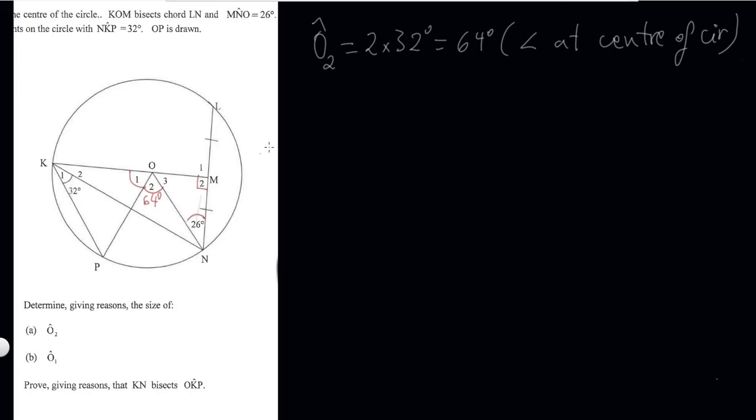So first of all, we have to know, before we go to O1, because I'm thinking that if this is 90 degrees and this is 26, I can find the O3. If I find O3, it's very simple to find the O1. Why? Because it's the angle on a straight line, which gives us 180.